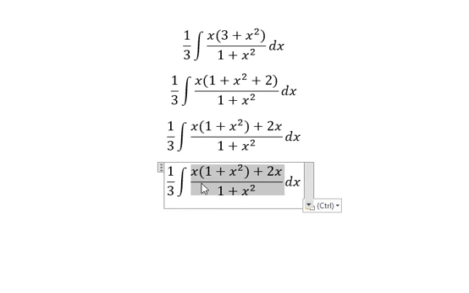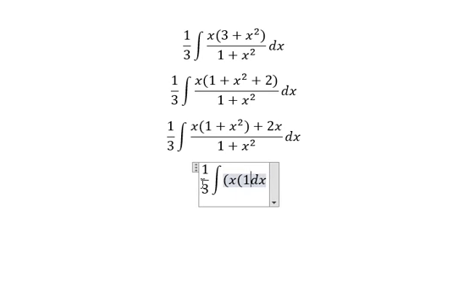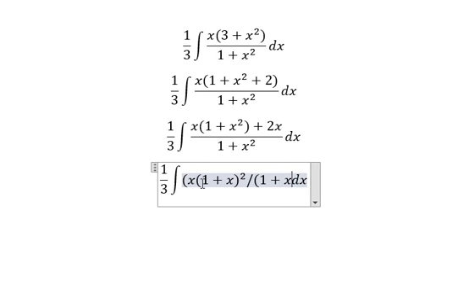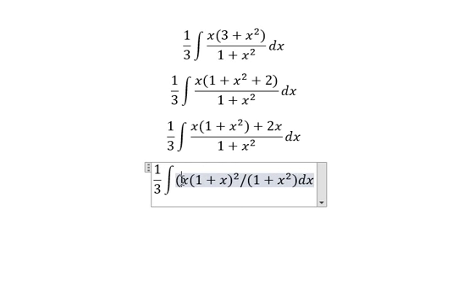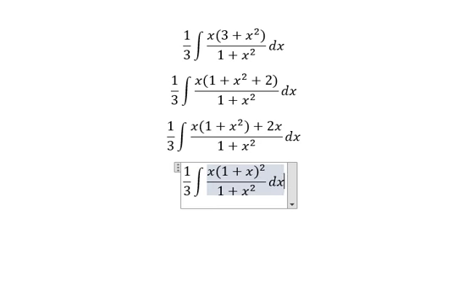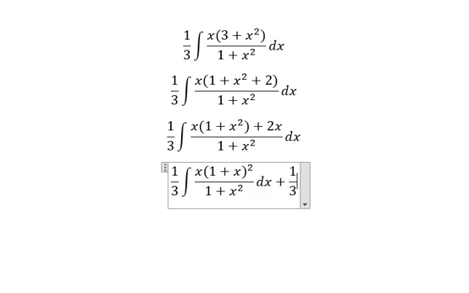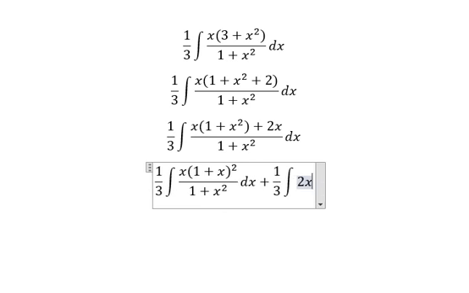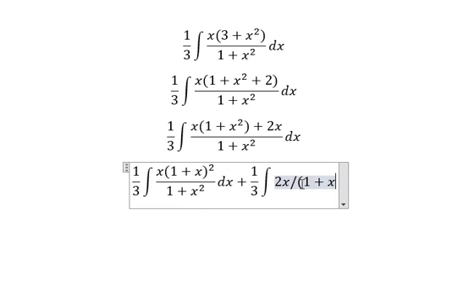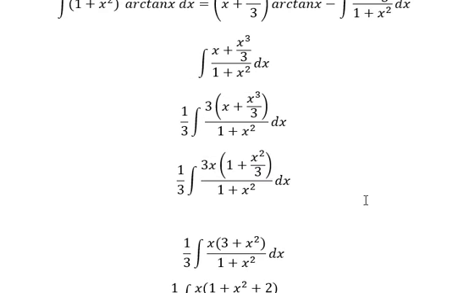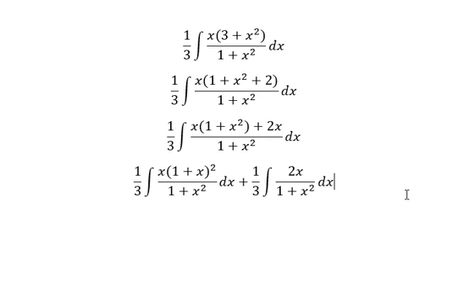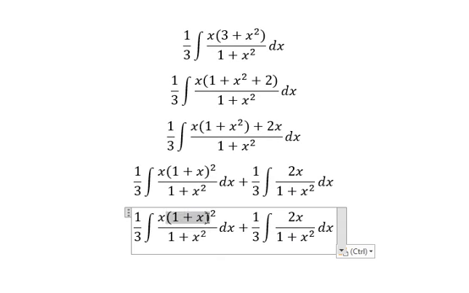The first one, and the second one. So this one divided by this one.